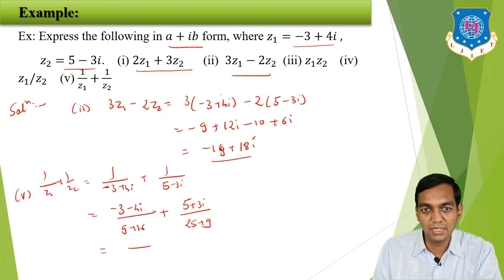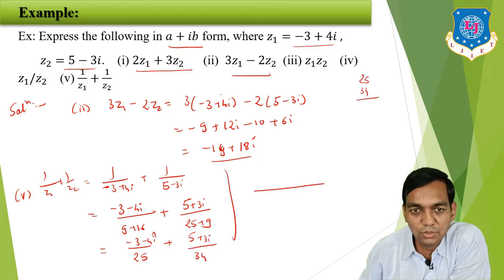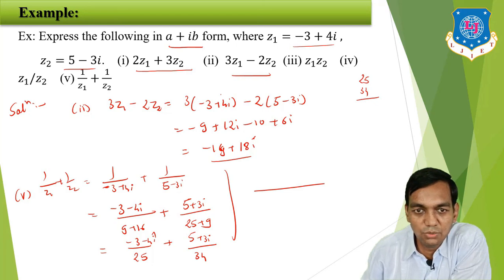So here you have 9 plus 16, that is 25. So minus 3 minus 4i plus 5 plus 3i upon 34. Okay, so if we take the LCM, then 25 into 34 will be 850.